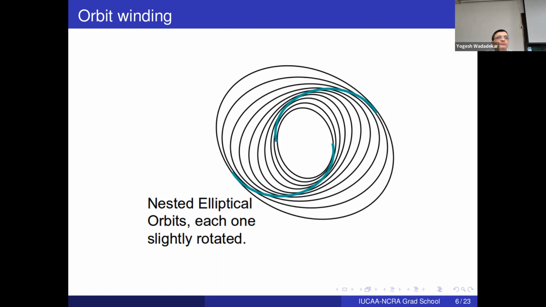Is there some way of producing an enhanced density by just changing the position angle of nested elliptical orbits? What you see here are, imagine this is one star which is going around in this direction.